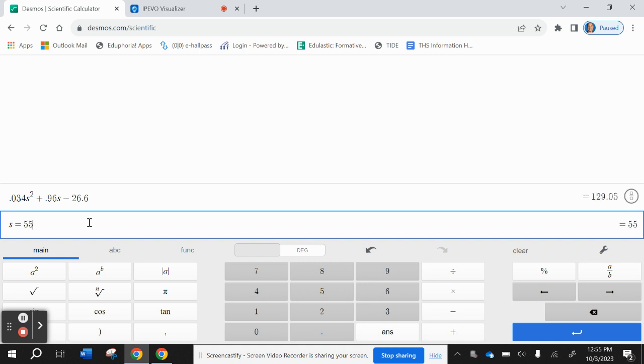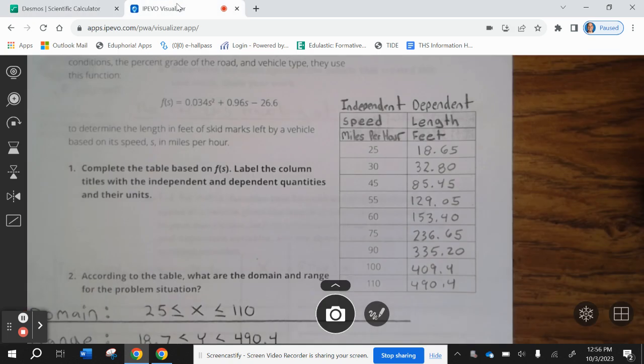Change that to 55. All right, there's your table. Go ahead and complete that.